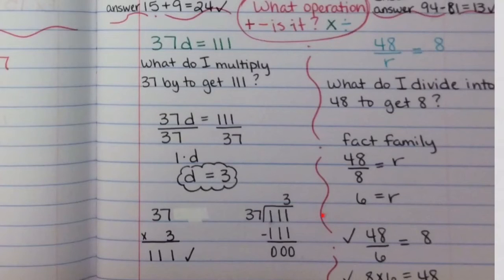So we come down here and I write out my division. 37 will go into 111. I'm going to estimate. Okay, this one is close to 40, and this is close to 100. So 2 of them would give me 80. So I went ahead and went with 3 to see what 3 would give me. I came over here and I worked it out.